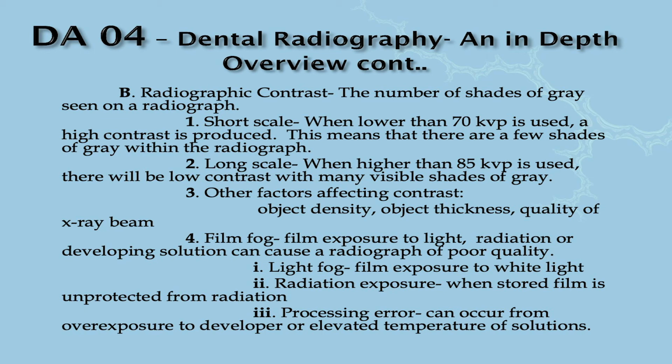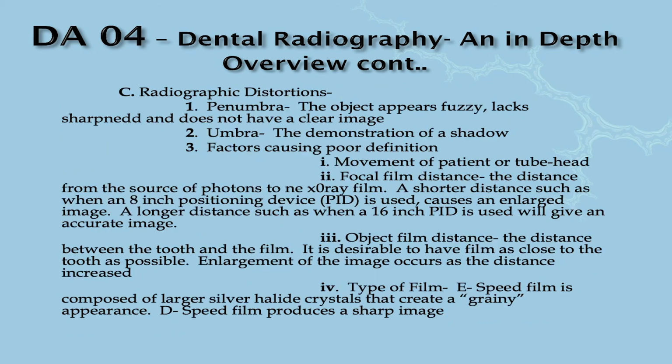Film fog can occur when the film is exposed to light, radiation, or developing solution, giving it a poor quality. So there can be light fog, there can be radiation exposure when the film is in an unprotected area, or processing error as well.